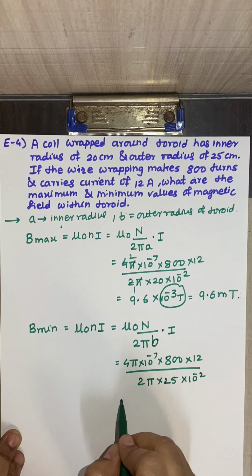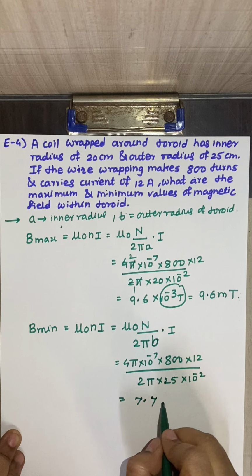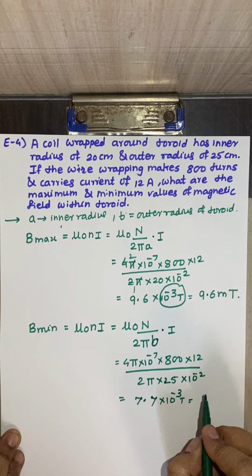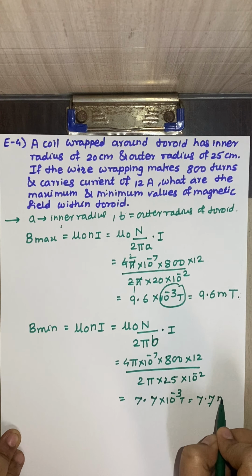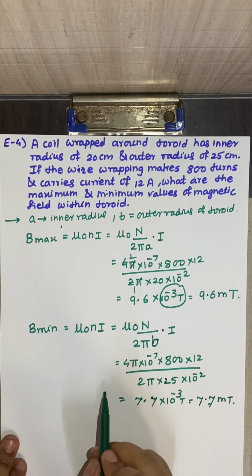So this value comes out to be nearly 7.7 into 10 raised to minus 3 Tesla, or I can take it as 7.7 milli Tesla. So the minimum value is for the outer radius of the toroid, and the maximum value of B is for the inner radius of the toroid. Thank you.